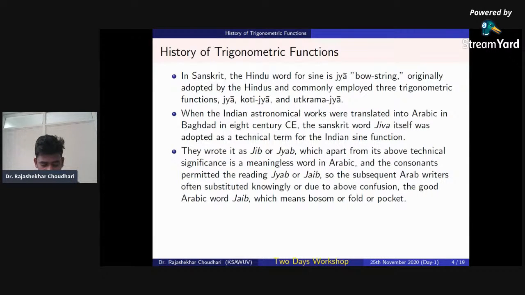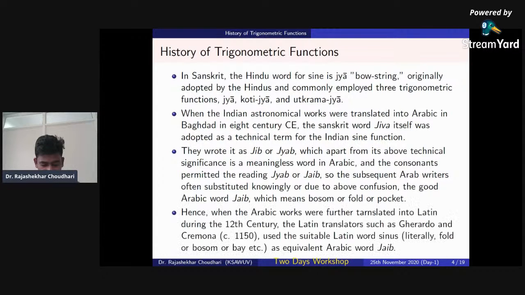After that, this Arabic text was translated into Latin during the 12th century by the Latin translator Gerard of Cremona, in the year 1150. He used the Latin word corresponding to Jaib, that is sinus, which literally means the same.